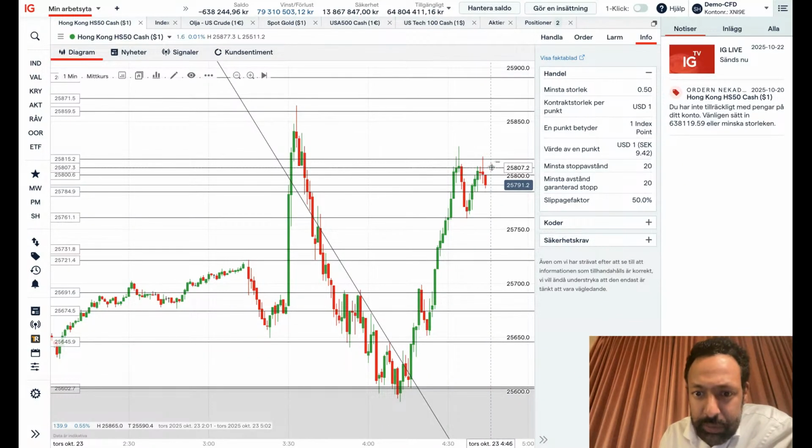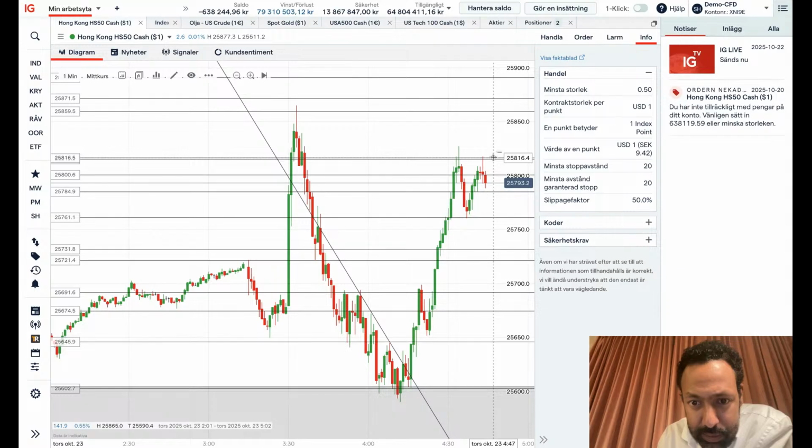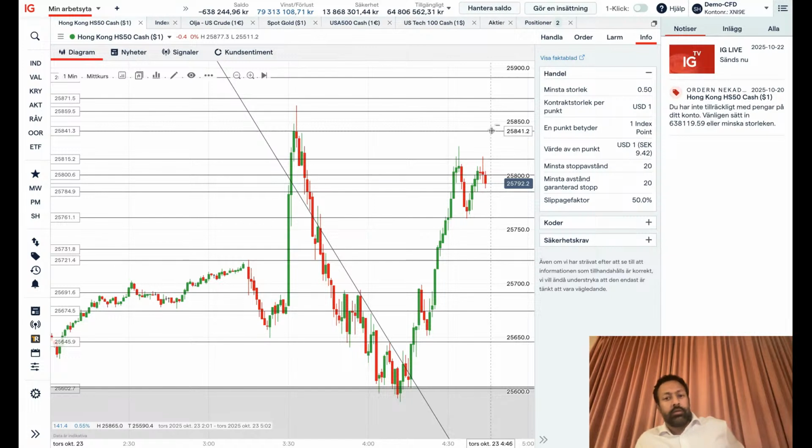Would probably be bad and cost me. Now if it drops and does like this, I'm not out. Now I would maybe stupidly wait for the price to push higher up to here, after another double top.